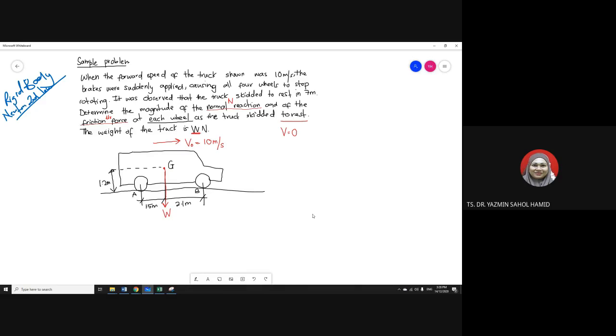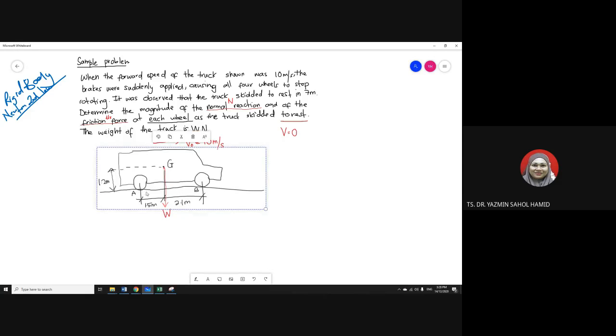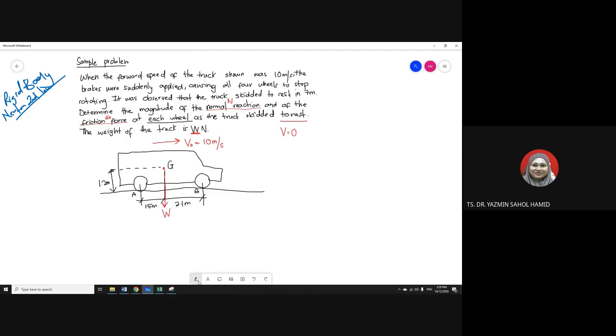Because sometimes if you draw a wrong free body diagram, your equation will be wrong and you cannot solve it. So the weight will be at the center. Then they ask us to find the normal force for each wheel. Let's say we have two wheels.